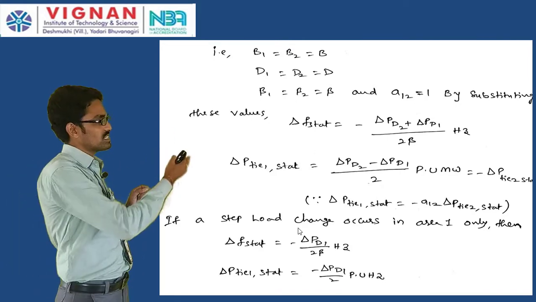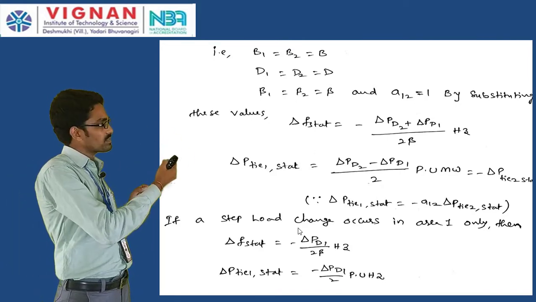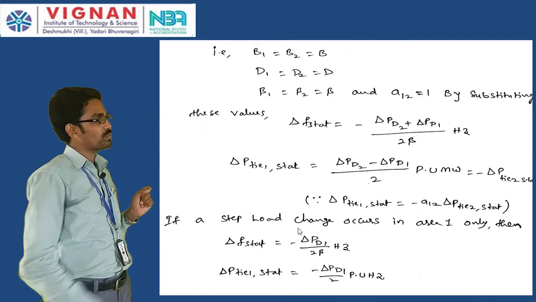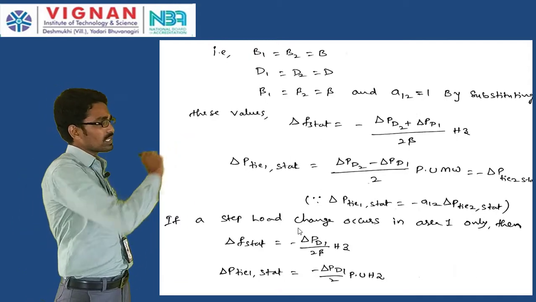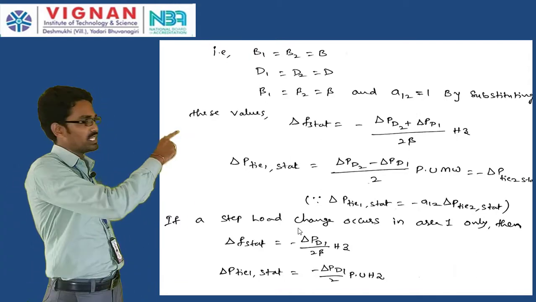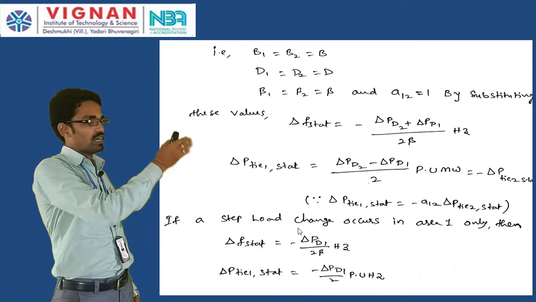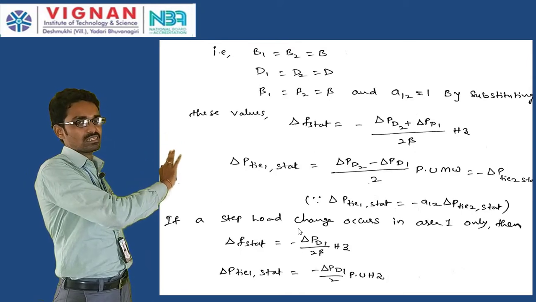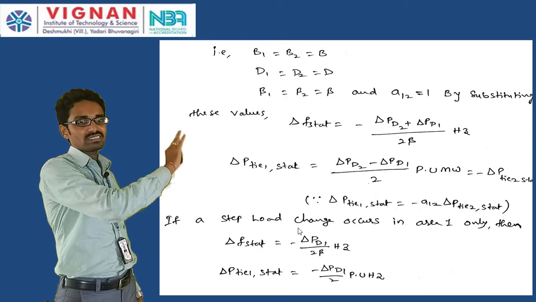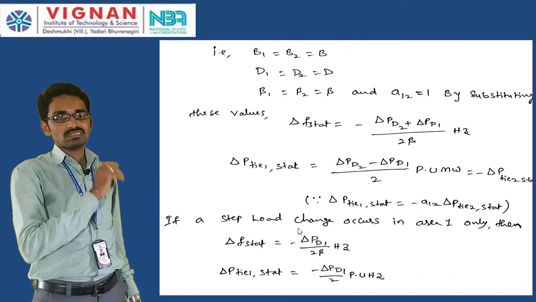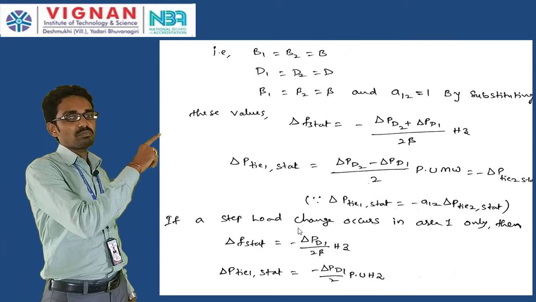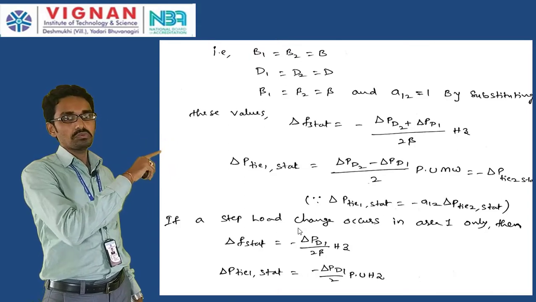By substituting these values in the delta F static equation as well as in the delta P Ti1 static equation, we get delta F static is equal to minus delta PD2 plus delta PD1 by 2 beta, and delta P Ti1 static is equal to delta PD2 minus delta PD1 by 2, that is per unit megawatts. That is nothing but minus delta P Ti2 static.